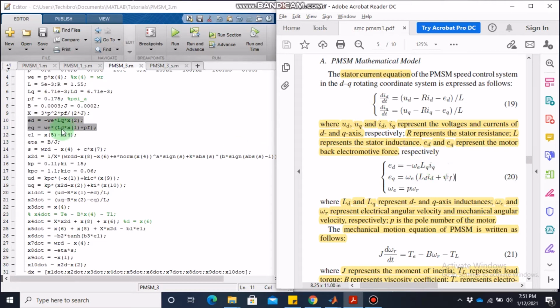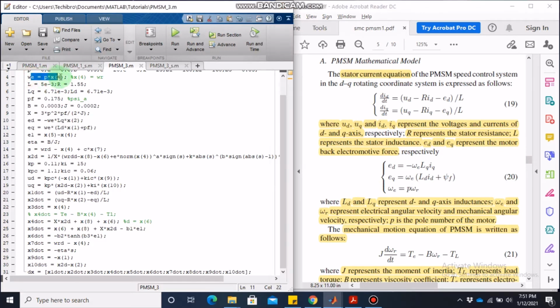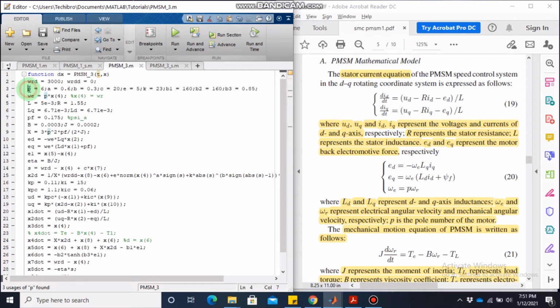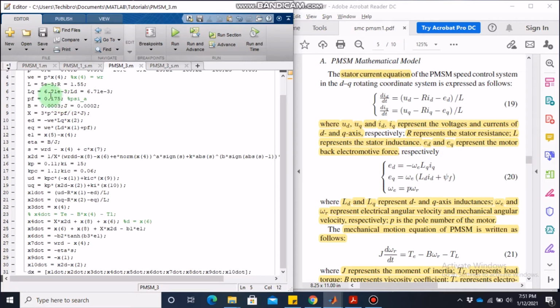Omega E is defined here as number of poles times the mechanical frequency omega R. Omega R is state number 4 here. Again, I could not find the number of poles in the paper, so I assumed there are 6 poles in the motor. So if you are able to find the correct number of poles, you can plug it in the code.